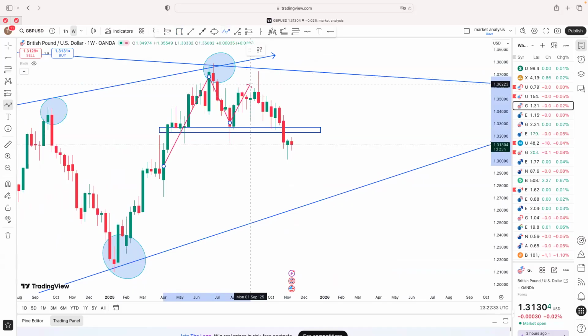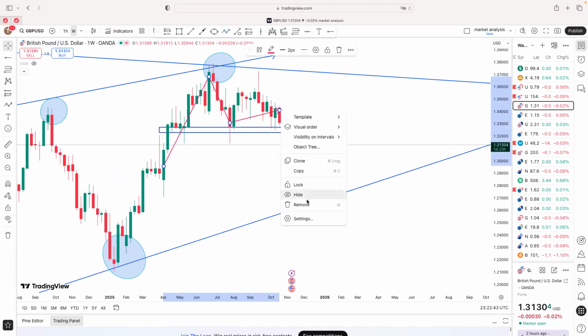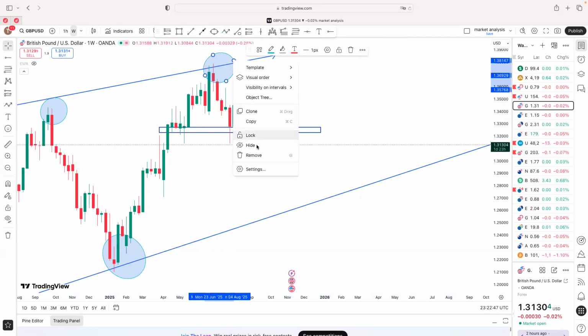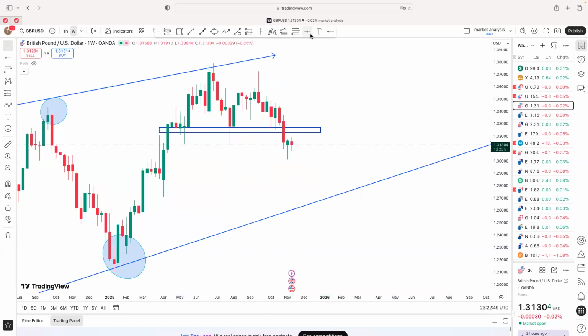Look at this. I want you to pay attention to this very closely. Look at this rejection, where it rejected from, right? So it wanted to make you believe that this is not a double top.